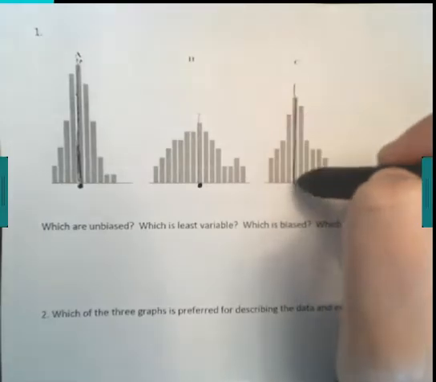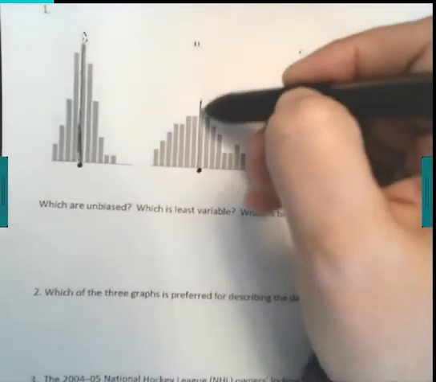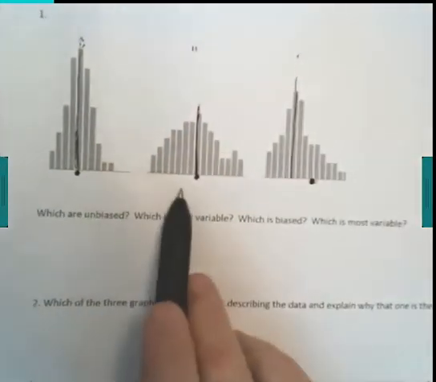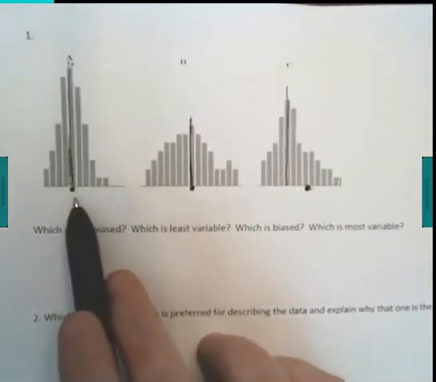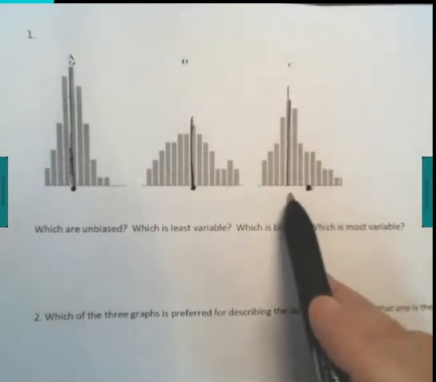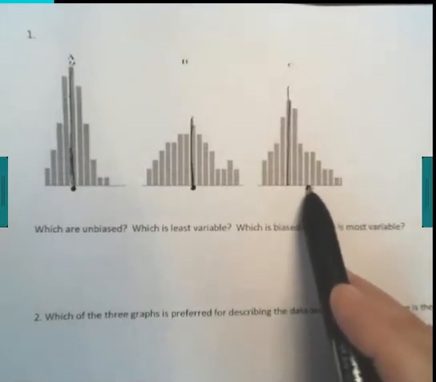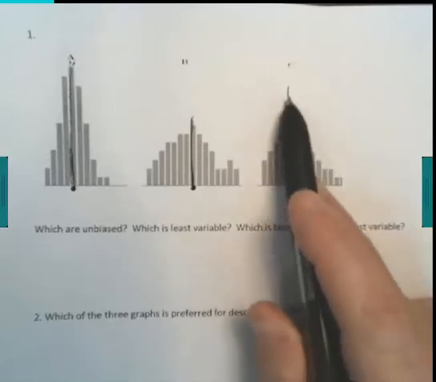So the mean of this graph is here, the mean of this graph is here, the mean of this one is here. You can see in the first two graphs the mean of the statistic and the parameter are very close together, and in this particular graph right here the mean of the parameter is outside of the mean of the means. They are not the same.